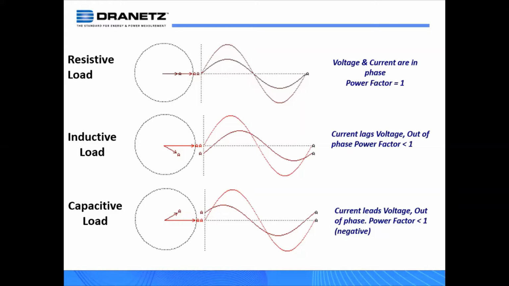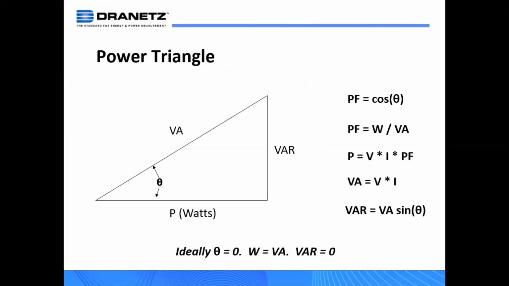But here we see resistive, where they're in phase. Here we see inductive, where the current actually lags the voltage, and then the capacitive load, where it's just the opposite, it's leading the voltage. So you'll hear the terms lead, lag, inductive, capacitive, and so forth.